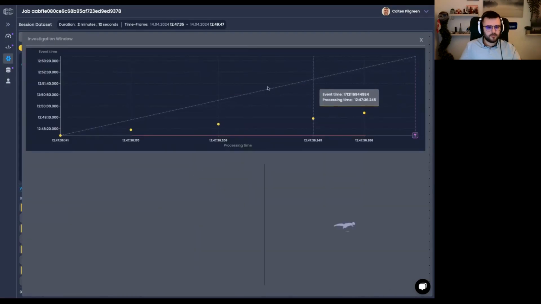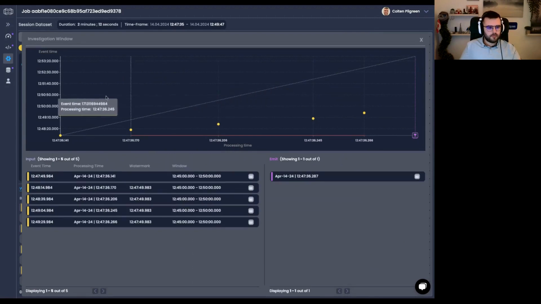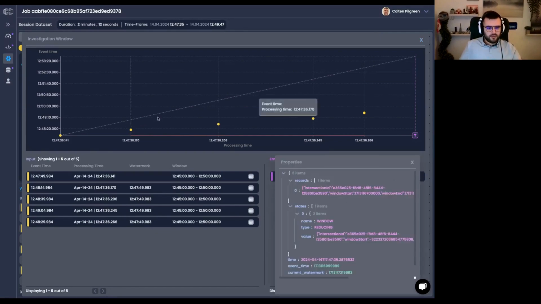So for this one, we can see that this window was made up from 5 events. In this run, I was actually expecting these to be about 12, but this window should have more data. And by looking at this, the data doesn't look that bad, actually.